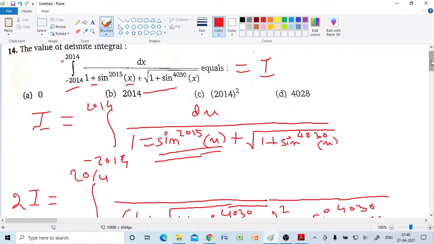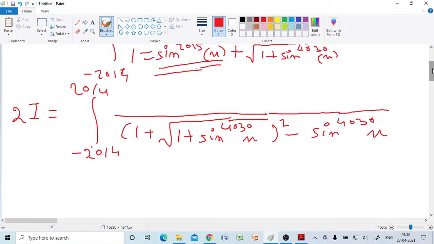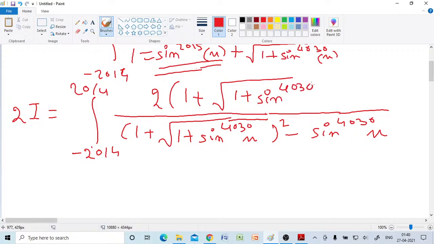Okay, cool. So we will have 2 times 1 plus root over 1 plus sine to the power of 4030x.